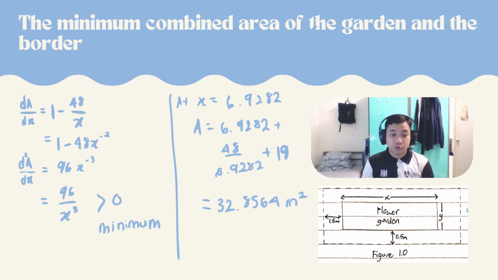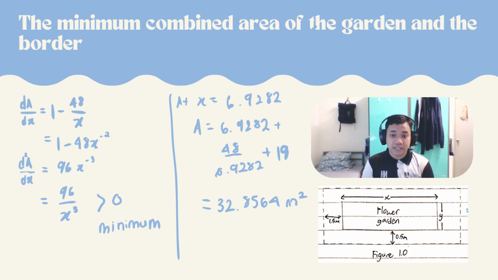For this, we need to use the second derivative test. So from the first derivative, we already have 1 minus 48x to the power of negative 2. So we need to differentiate it again and we will get 96x to the power of negative 3, or 96 over x to the power of 3. It is greater than 0, so it means it is a minimum value.